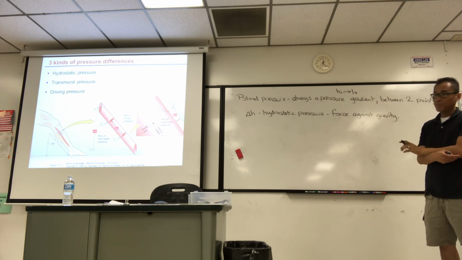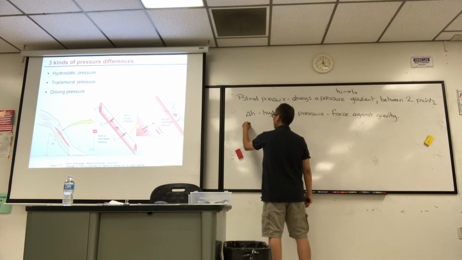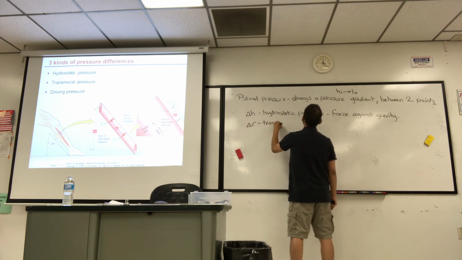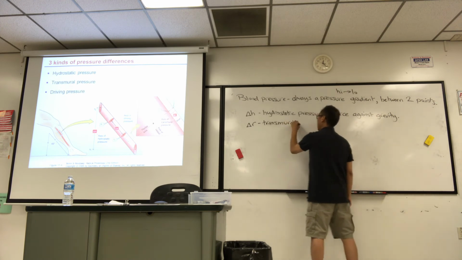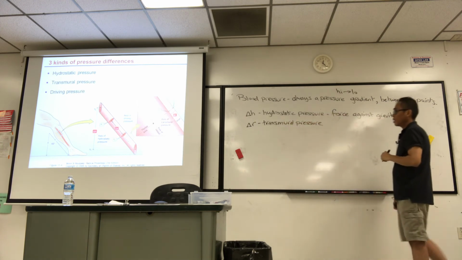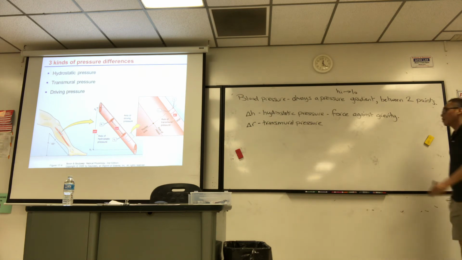The transmural pressure is the delta R. A mural is something you hang on the wall. So transmural means the pressure difference across the vessel wall.